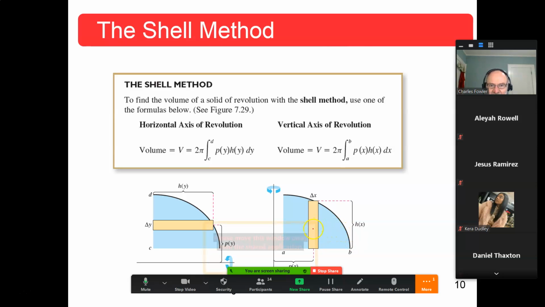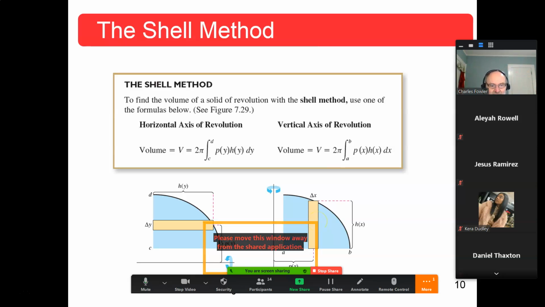If, however, that same one is going around the y-axis or parallel to the y-axis, then you express your h, the height of that rectangle, as a function of x, the radius as a function of x, and then of course your dx will be your thickness.